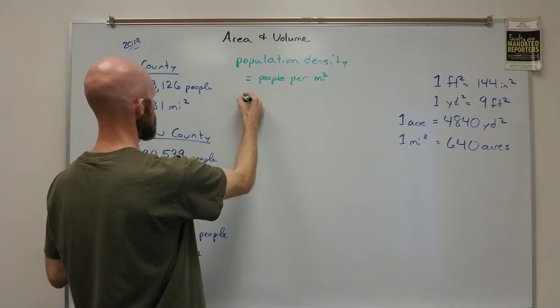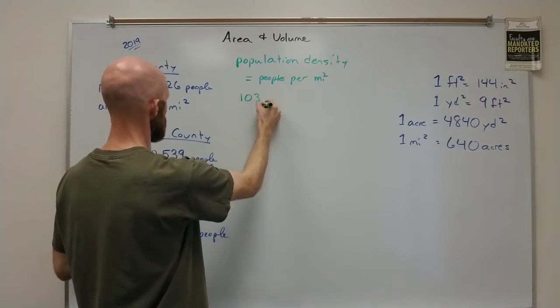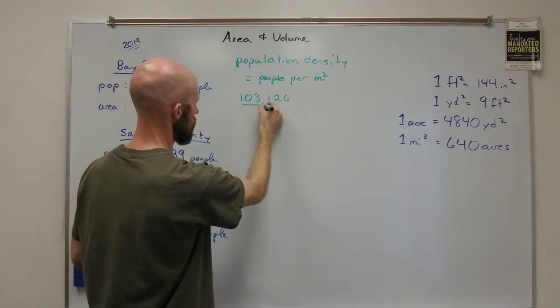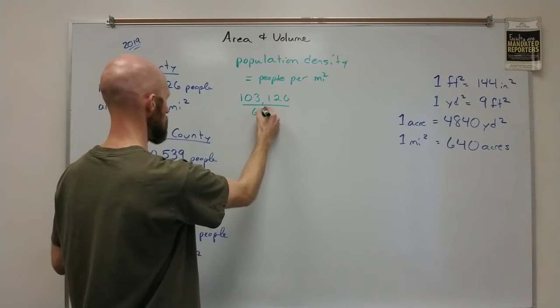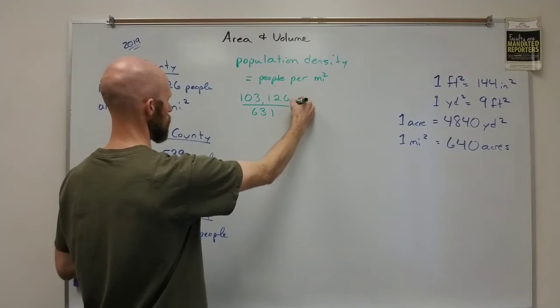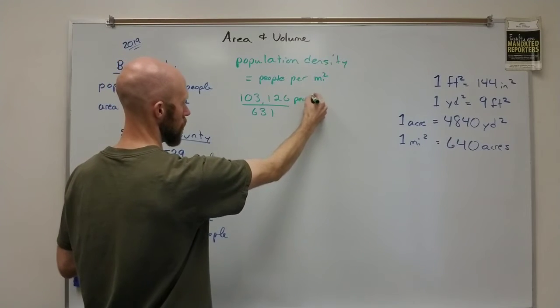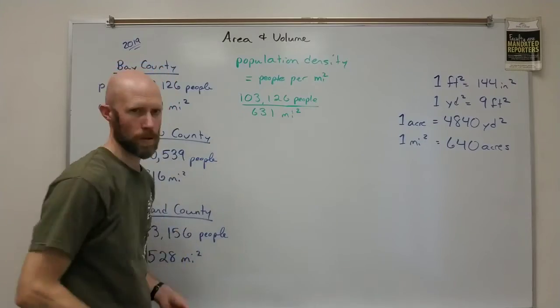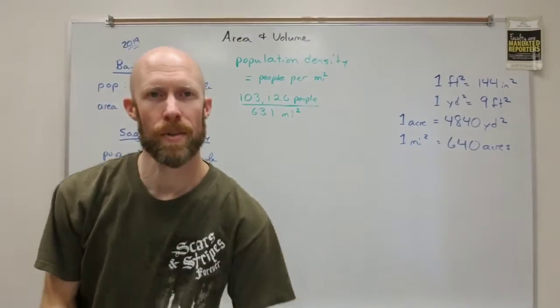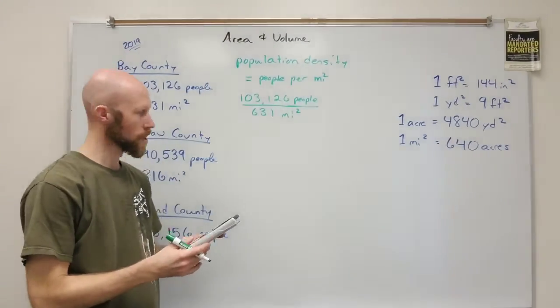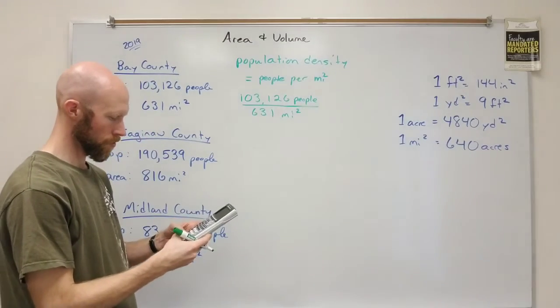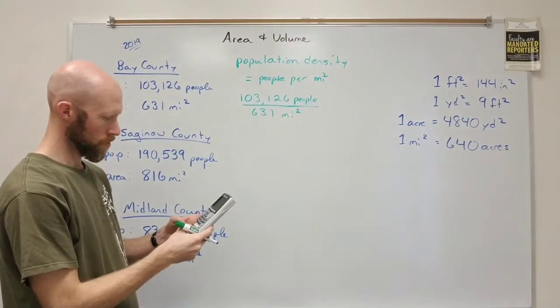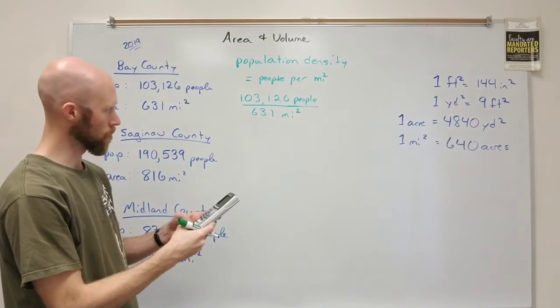The population density for Bay County, 103,126, divided by 631, and we should probably put our units in there. There we go. And then we just punch it in, right? So it's just basically a division. 103,126 divided by 631.